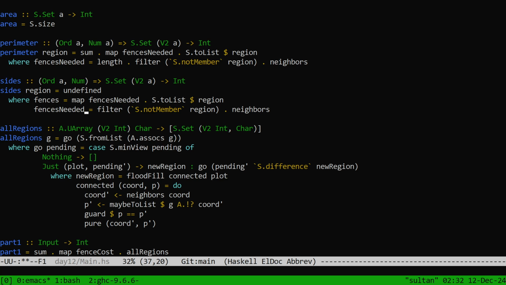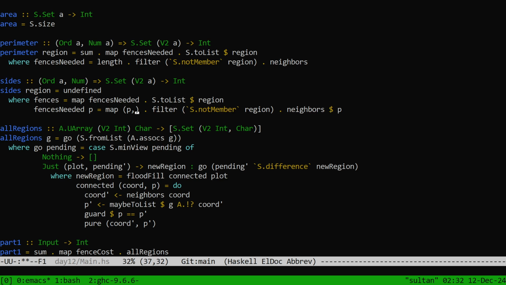Okay, fences needed of a position is to filter... Actually, I guess it's this? So compute all the neighbors of P. Keep only the ones that aren't part of your region.